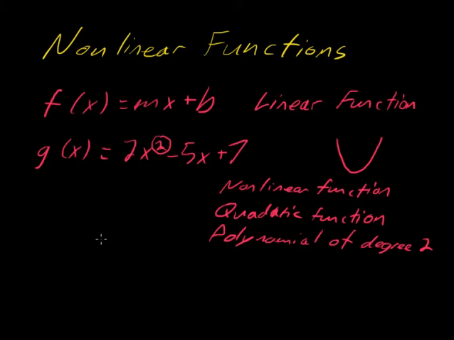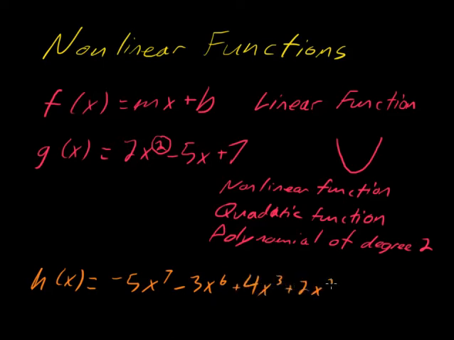We won't be spending too much time with those, but we could have a function, say, like h of x equals negative 5 times x to the 7th minus 3x to the 6th plus 4x to the 3rd plus 2x squared minus 15. This would also be a polynomial. It would be a polynomial of degree 7 because the highest exponent we have is 7.